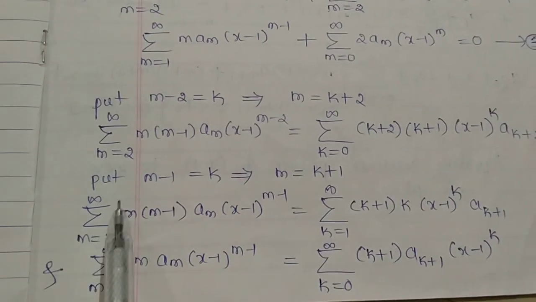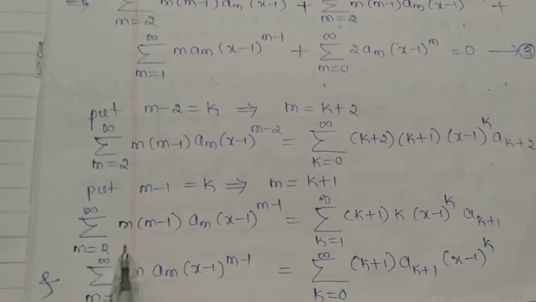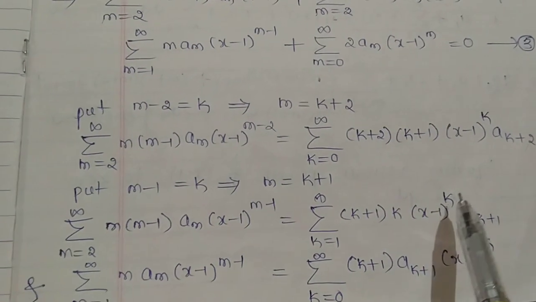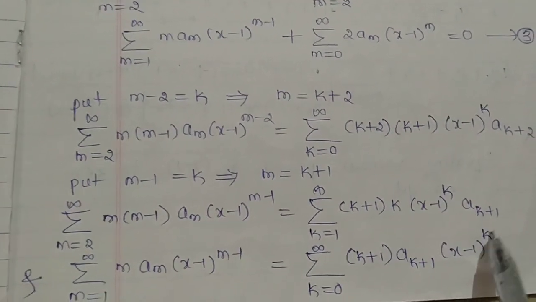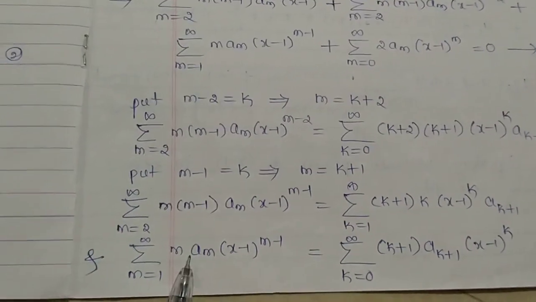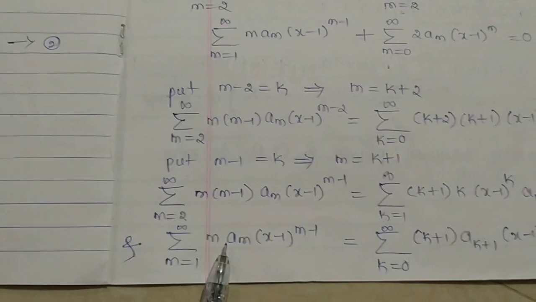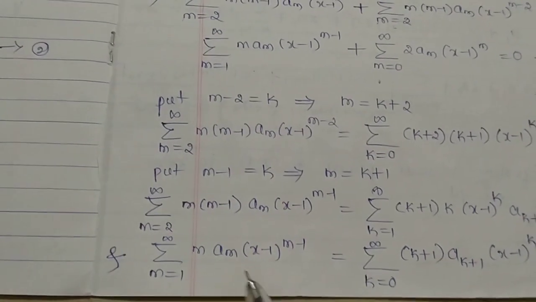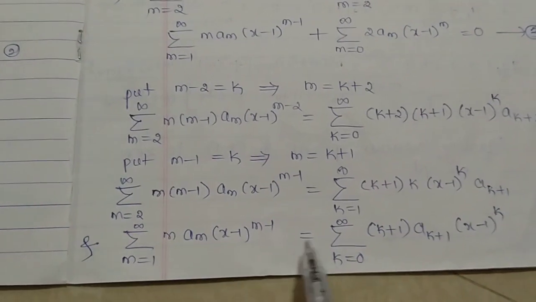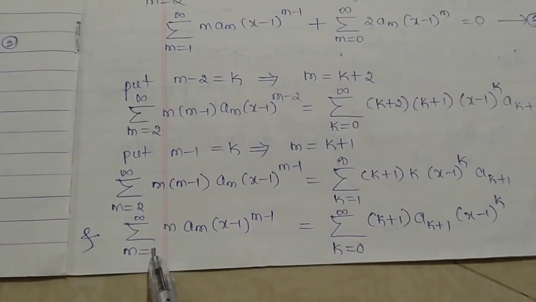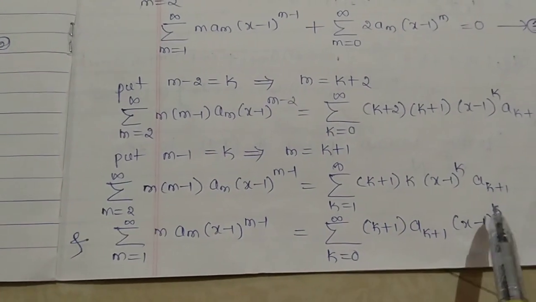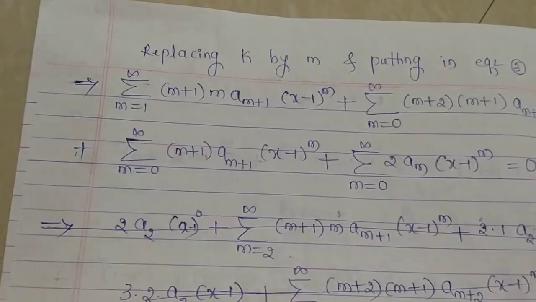In place of m we substitute k + 1, then this becomes (k + 1) k (x − 1) to the power k a_(k+1). And we have one more term containing (x − 1) to the power m − 1, that is m a_m (x − 1) to the power m − 1. This also becomes a summation from 0 to infinity, (k + 1) a_(k+1) (x − 1) to the power k.